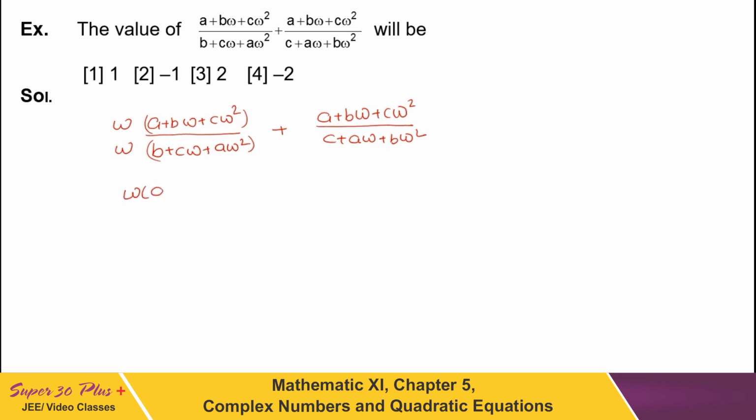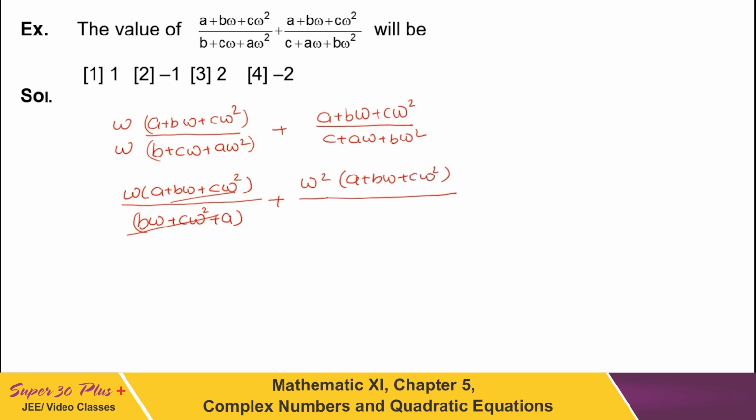It is ω(a + bω + cω²) upon bω + cω² + aω³, and ω³ is 1, so it is a, and it cancels out. Similarly, we multiply ω² in the second term. After multiplying ω², it is ω²(a + bω + cω²) upon cω² + aω³ + bω⁴, and as we know ω⁴ is ω, so this cancels out.